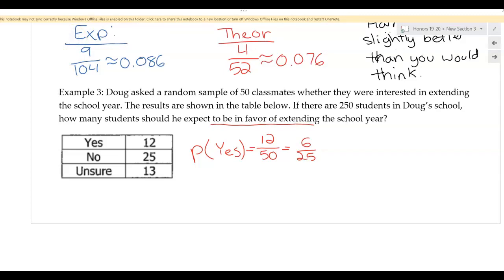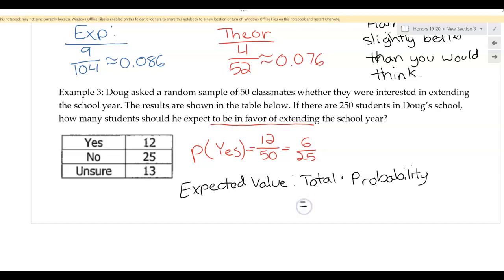So what we call our expected value, what you would expect your experimental probability to be, is the total times the probability. I know the total number of students I have is 250 students.